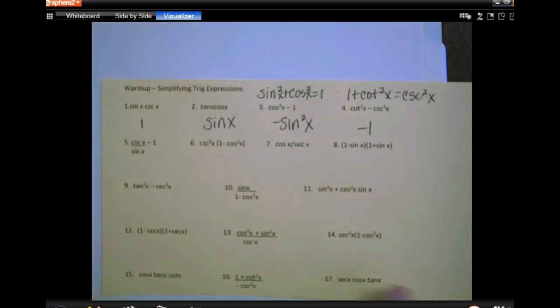Okay, number 5. Cardarius, what am I doing on number 5? Well, it's on your paper.